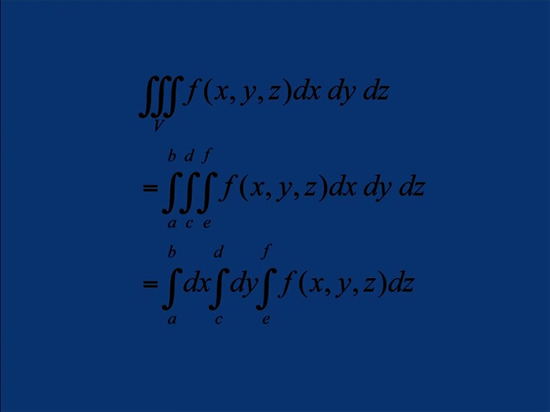This integral is equal to first the integral from a to b, second from c to d, third from e to f, where the integrand is f(x, y, z) dx dy dz.